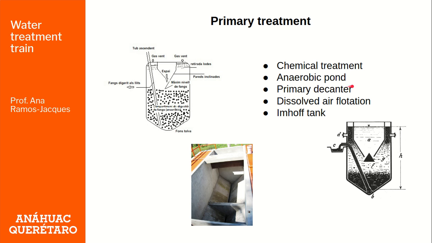You remember anaerobic is without oxygen, and as I'm saying, this tank is a primary decanter. Two phases are separated, liquid and solid, and you could have dissolved air flotation, where gas enters here, and it's generally called an Imhoff tank.